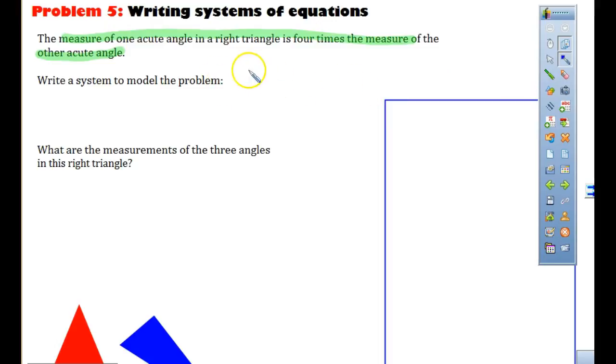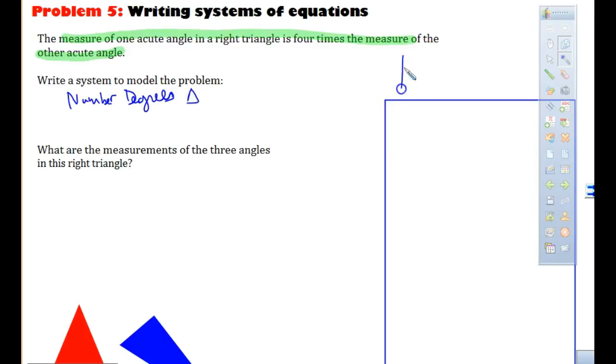So, Hannah, we know one is going to deal with the number of degrees in a right triangle. Okay? And we don't even really have to go with the total number of degrees in a triangle. But if I have a right triangle, right? I have this right angle. What do you want to call this angle? What variable? Because we don't know how many degrees it is.